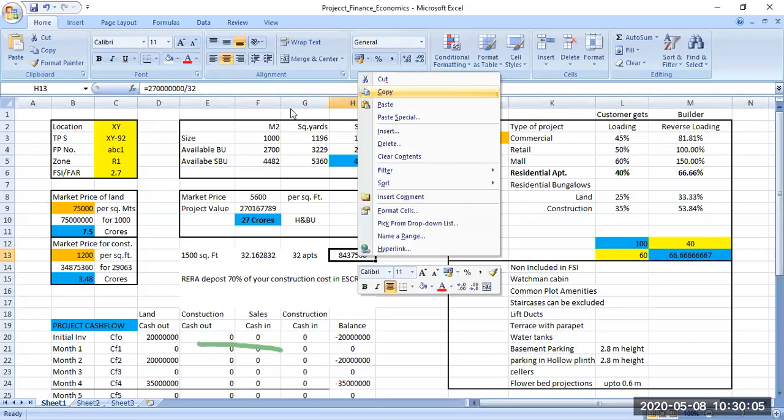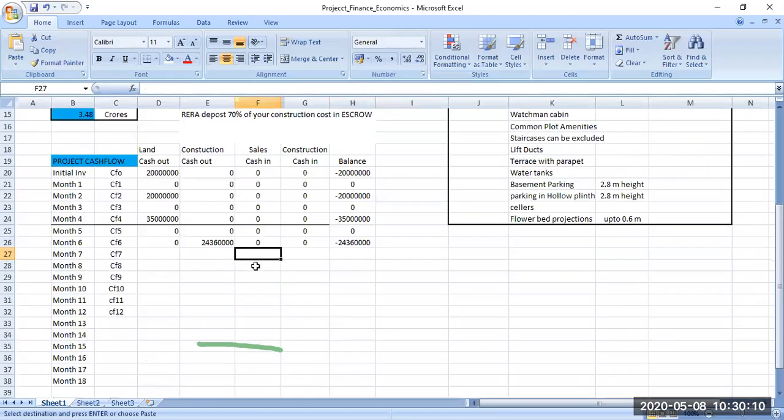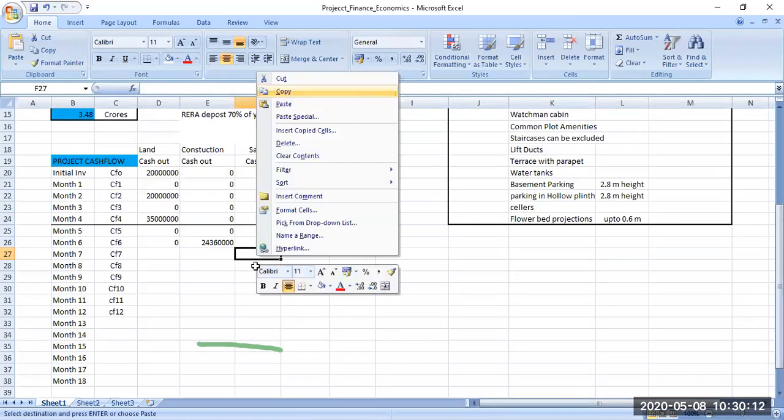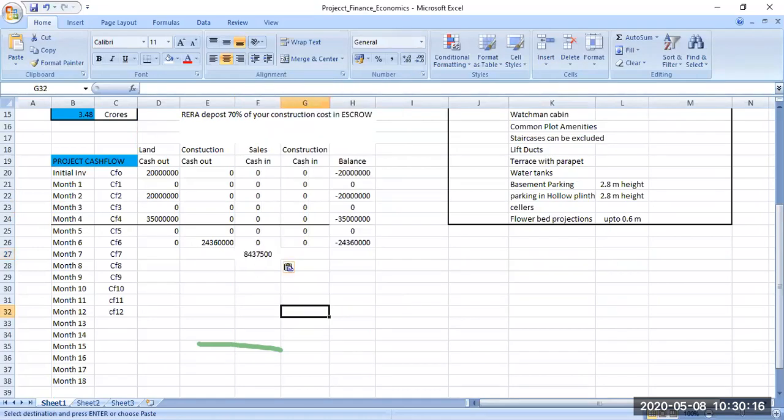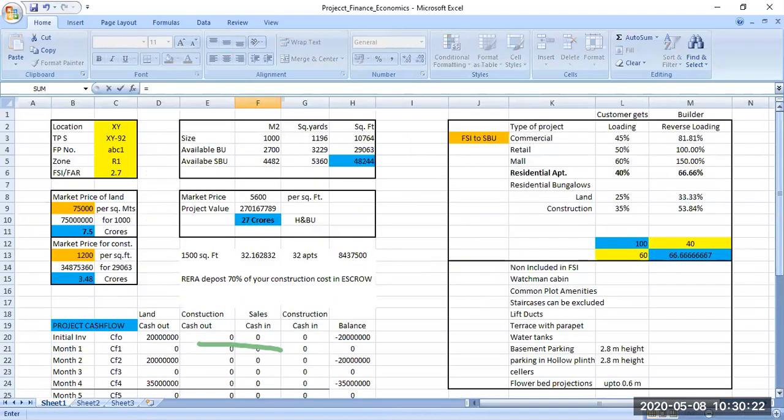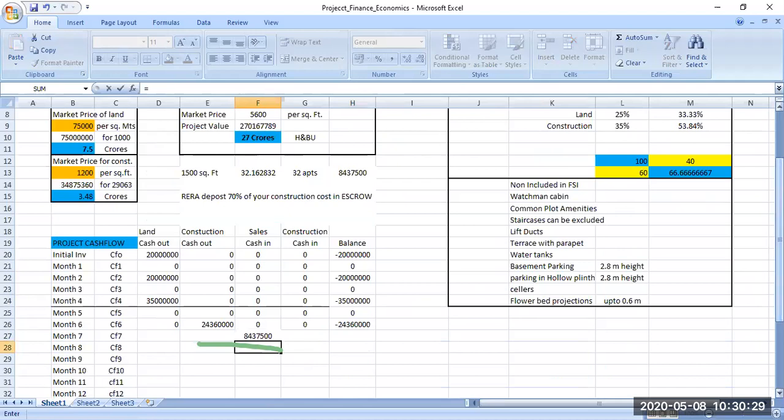That is, in our first month, let's say I just sold one apartment. In my second month, I sold 3 apartments. This is the money that is coming from the sales. I know you would be saying that first they'll only give about 10-20%, and 80% they'll take a loan.